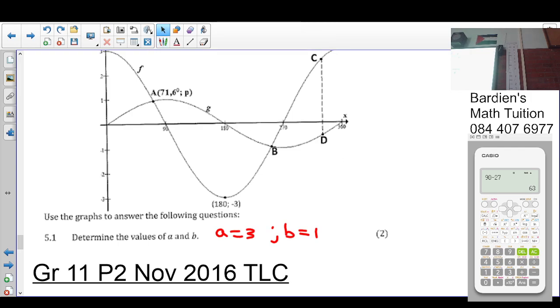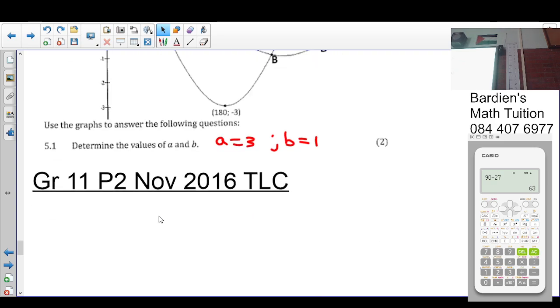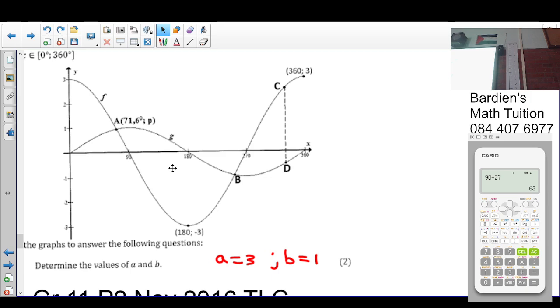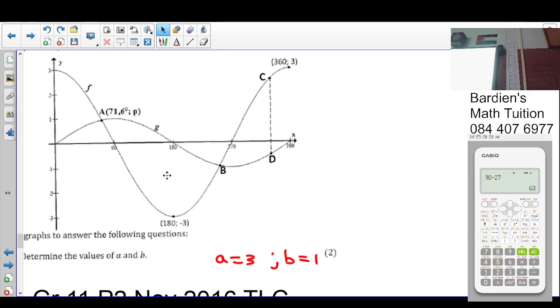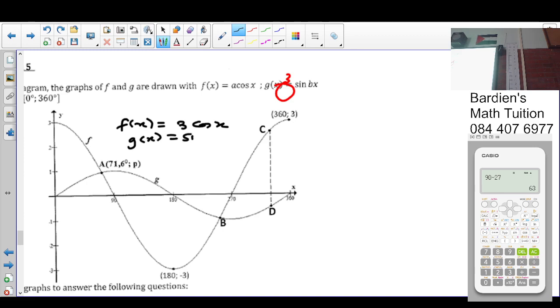Alright, let's look at the next question. So I'm just going to write down the equations here. So my equation of course is f of x is equal to 3 cos x and g of x is equal to sine x.